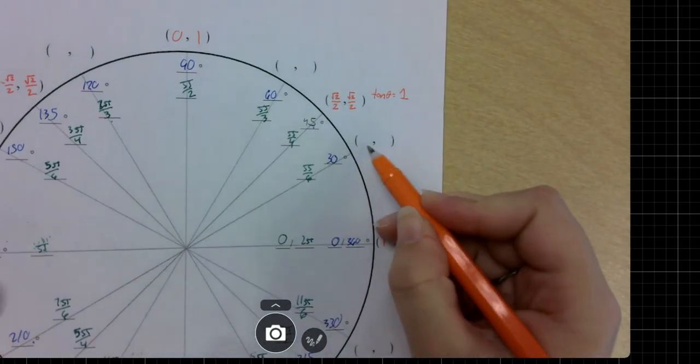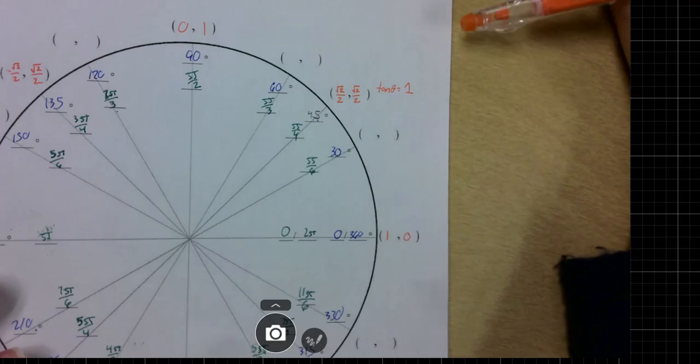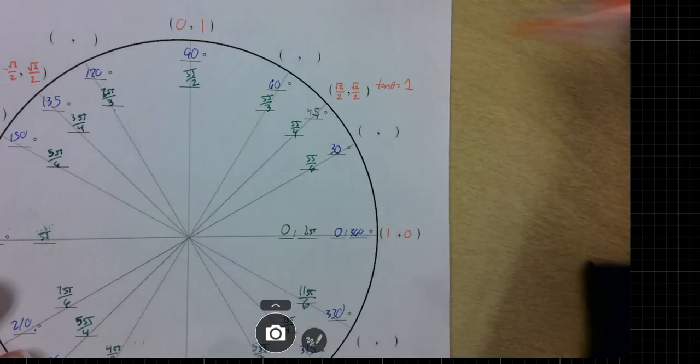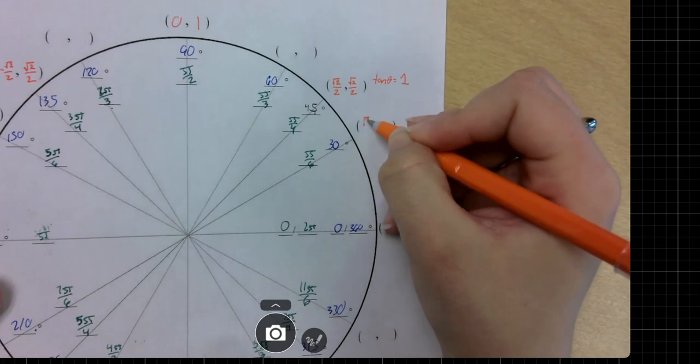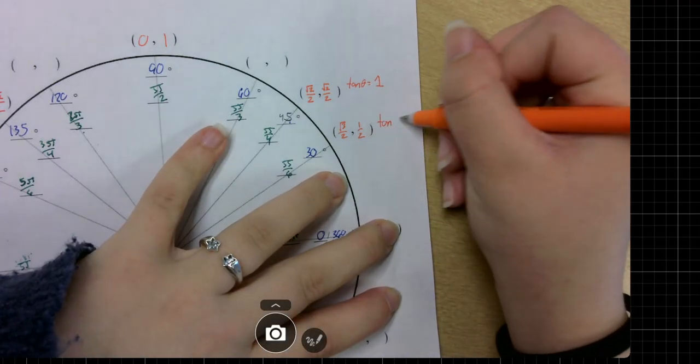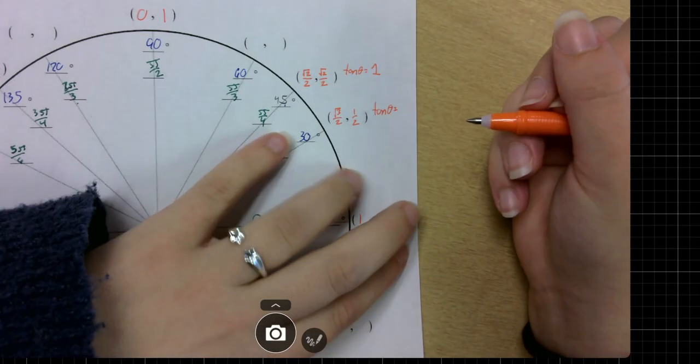So I'm over here. And we found out that our point was radical 3 over 2 and 1/2. And tangent of theta was what, Michael?